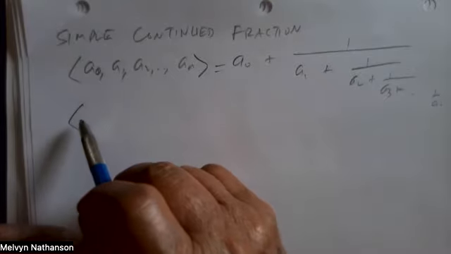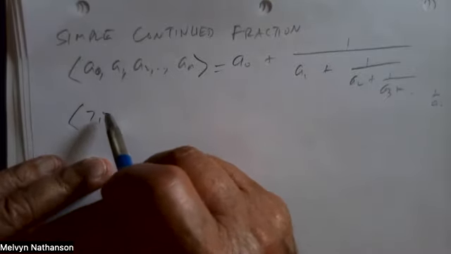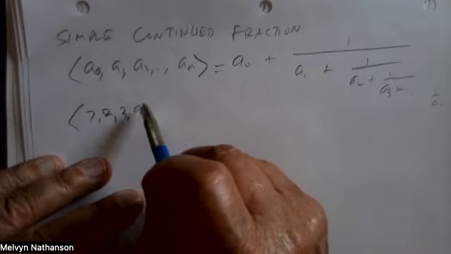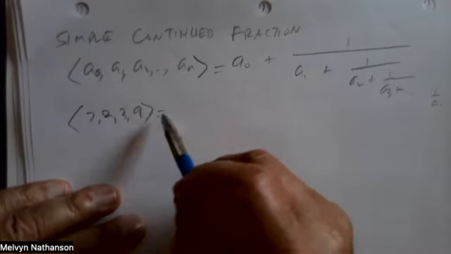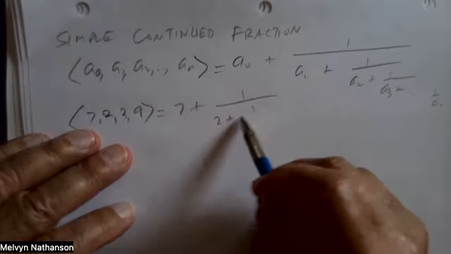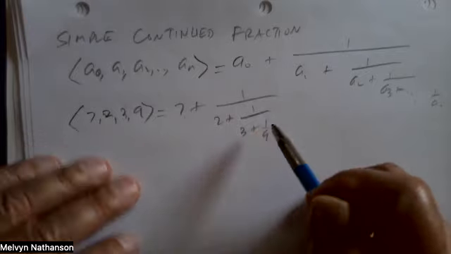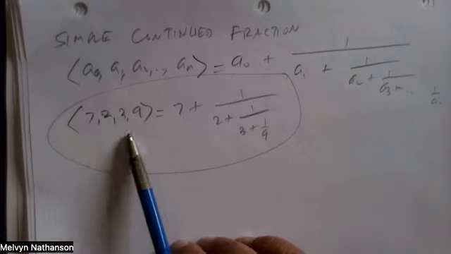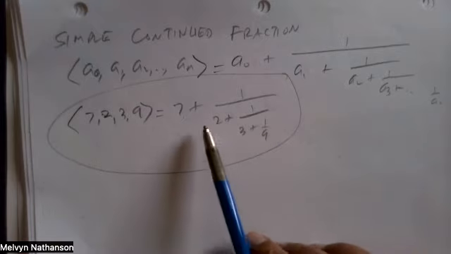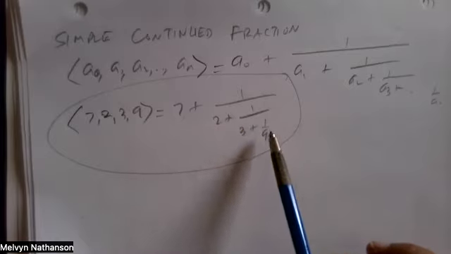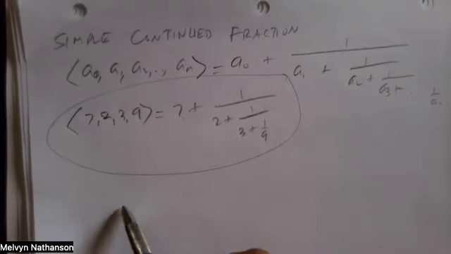So for example, if you had, these are positive integers, say 7, 2, 3, 9. This would be the fraction 7 plus 1 over 2 plus 1 over 3 plus 1 over 9. Right? That's what this means. So a continued fraction is a compound fraction where you have these numerators of 1 built in.